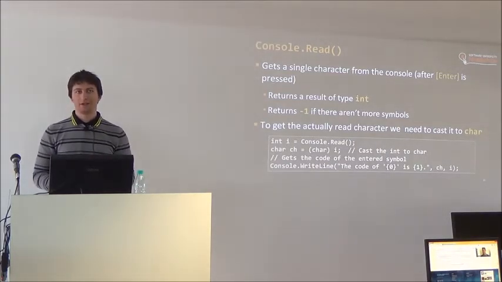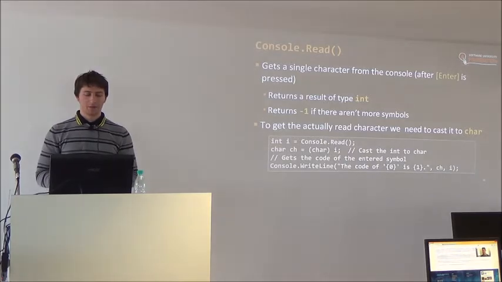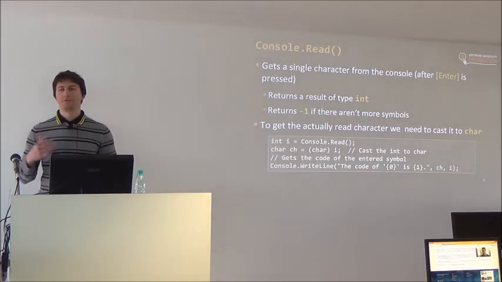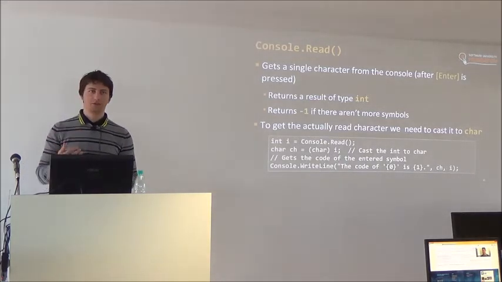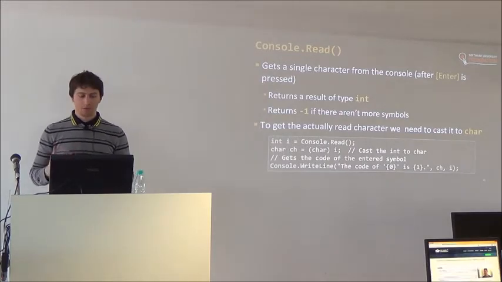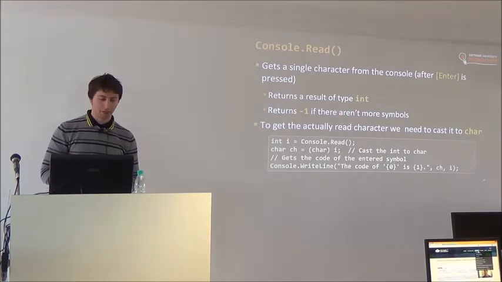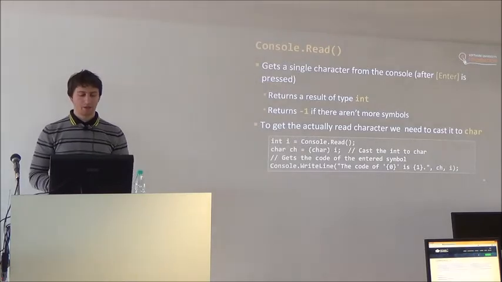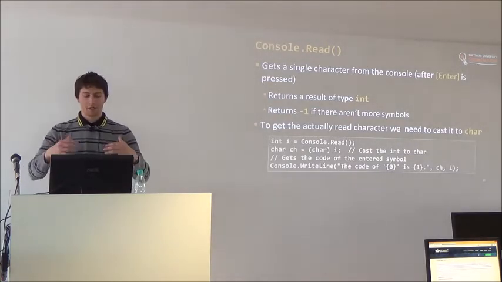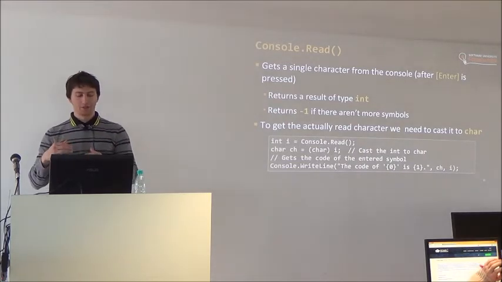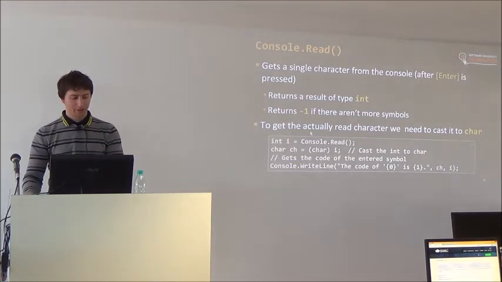You will not get a character. We'll see this in the demo. But as I said, you need to convert it back to a character if you would like to use it as such. You will always get an integer value. As you see here in the example, if you use console read and you get some character, then you need to assign it to an integer value.